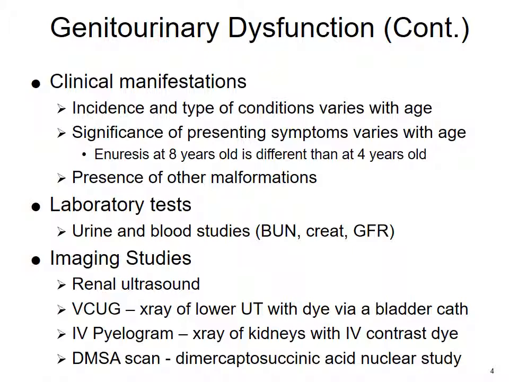So the child comes in for this test, a Foley catheter is placed, dye infused, and x-ray is taken. An IV pyelogram sort of addresses the other end, and that's an x-ray of the kidneys with the injection of intravenous contrast dye.